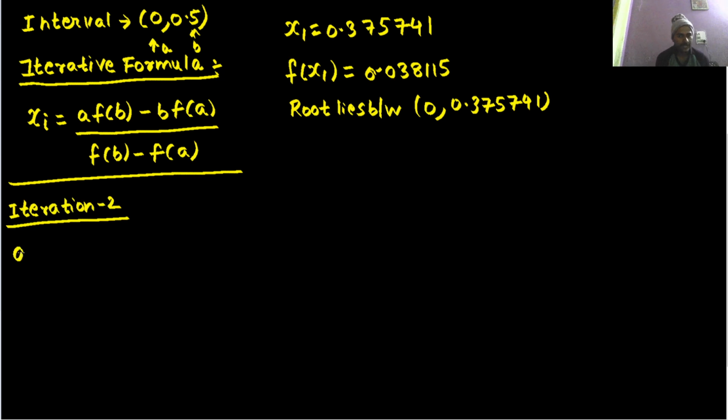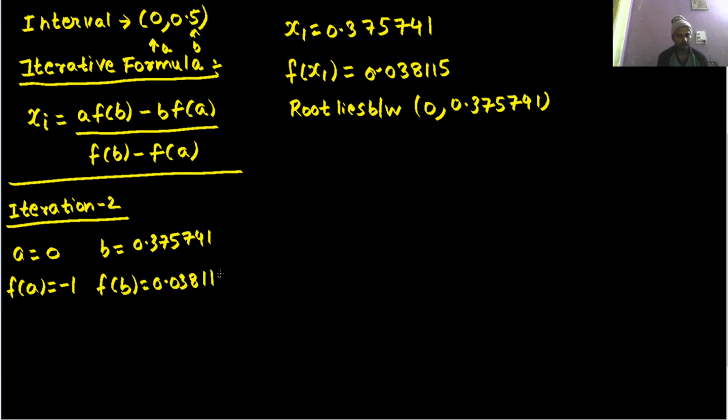So you have the value of a as 0. You also had f of a as, I think, -1. You have value of b as 0.375741. Value of function at this point is 0.038115. Okay.